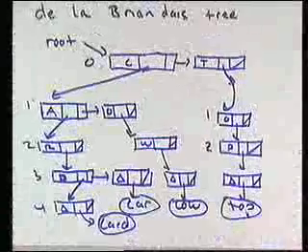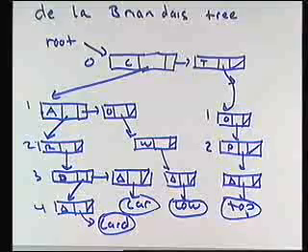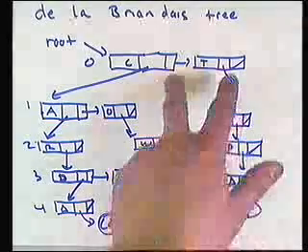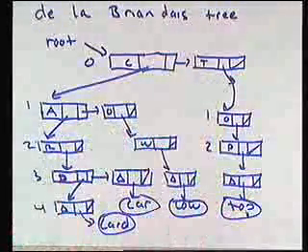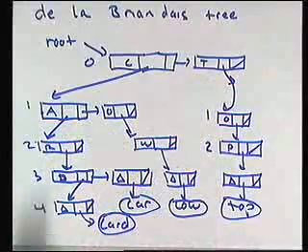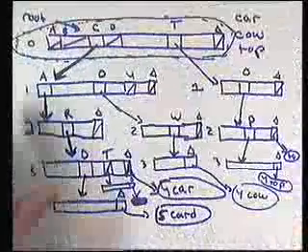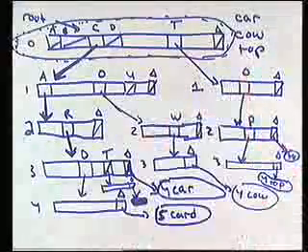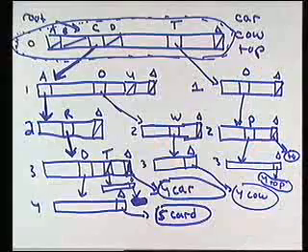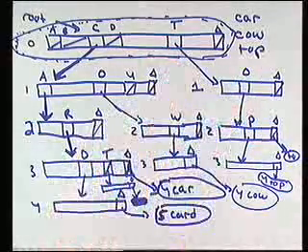This is the De La Brandais conversion where every array has been turned into a sparse array. So instead of holding 27 pointers, I hold a linked list of the non-null pointers. And there are only 2 of them in some of the nodes and only 1 of them in the other nodes. And so if I want to find t now, I can't jump directly. I can't say, well, extract the letter t, find out the corresponding index would be 19, and jump straight to cell 19.